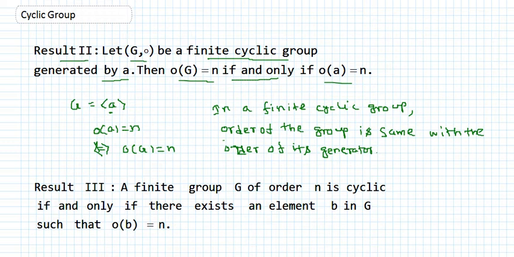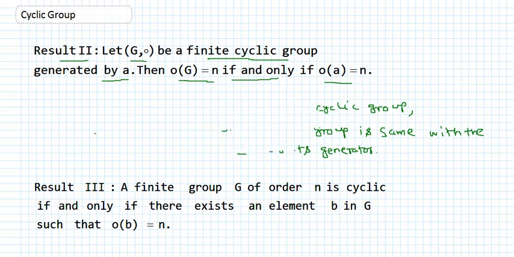So that means if we find a group G with n elements, here is a very important observation. The first observation is that in a finite cyclic group, the order of the group is the same as the order of its generator. From that we can observe a few more things.